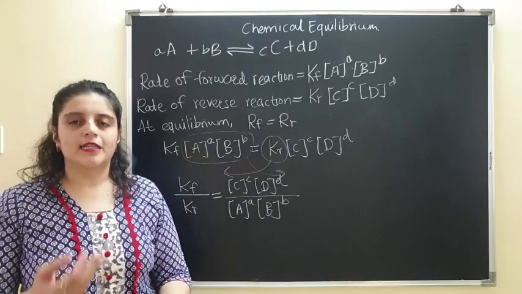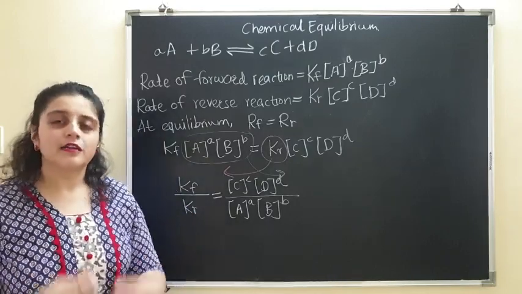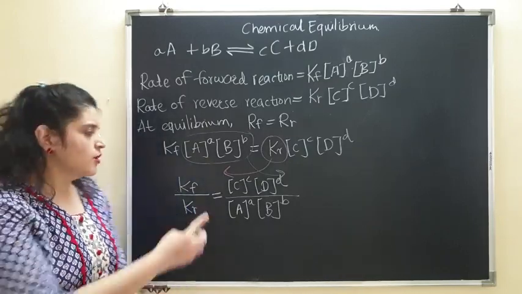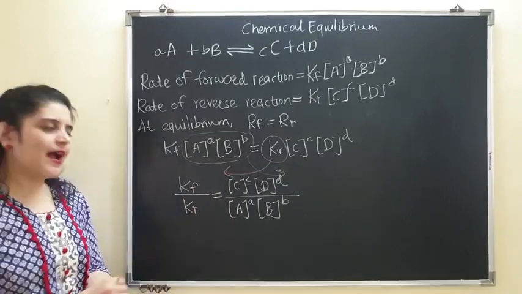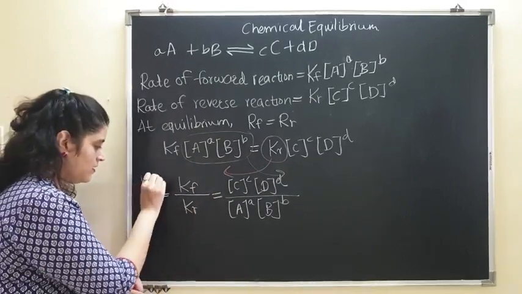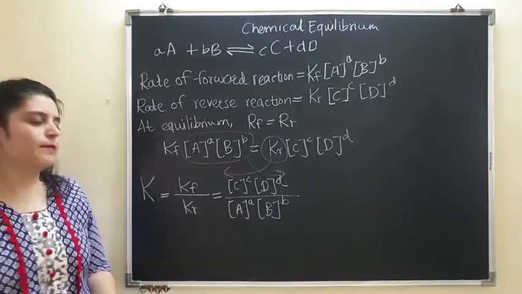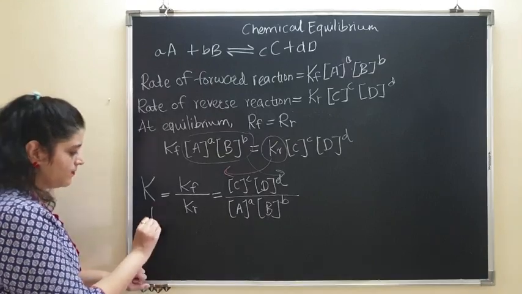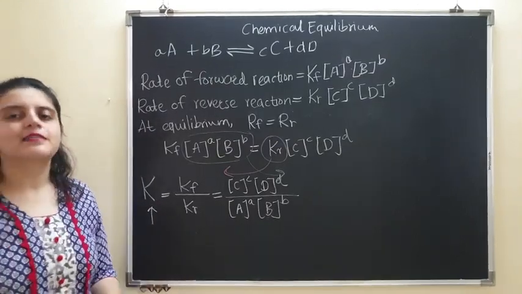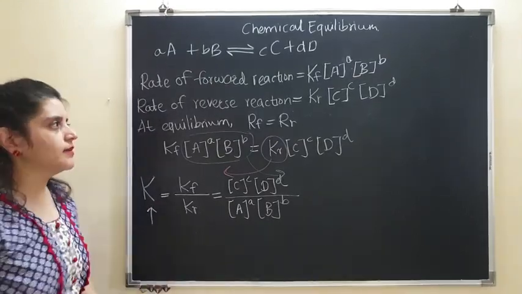So one constant divided by another constant should also be a constant. So if you divide Kf by Kr, you get one more constant, and that constant is represented by capital letter K, and we call this constant as equilibrium constant.